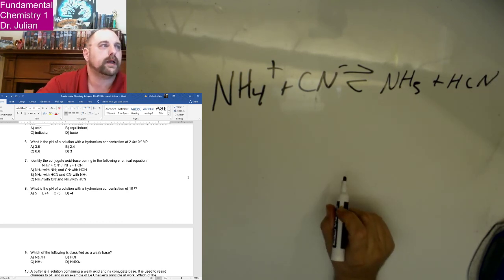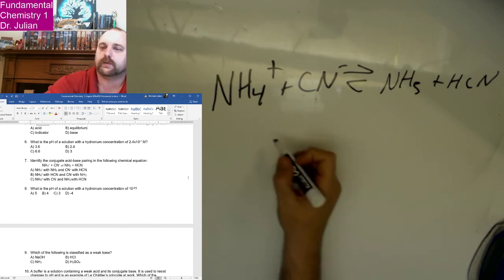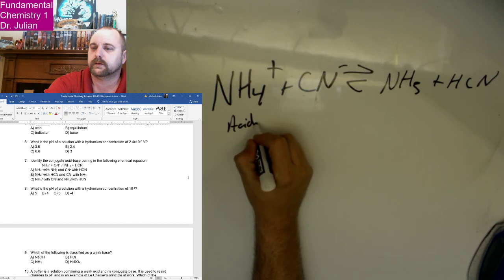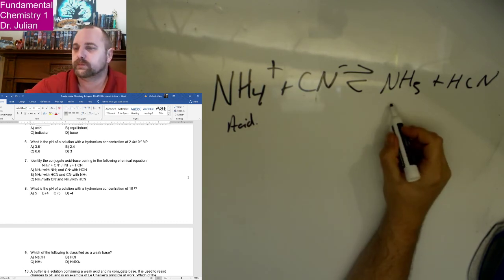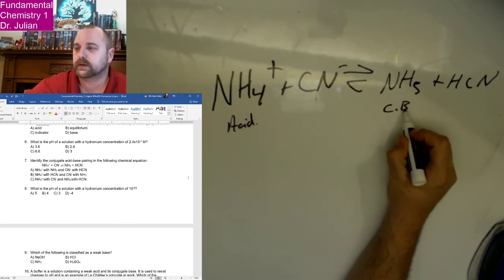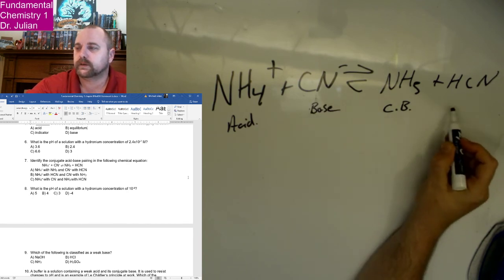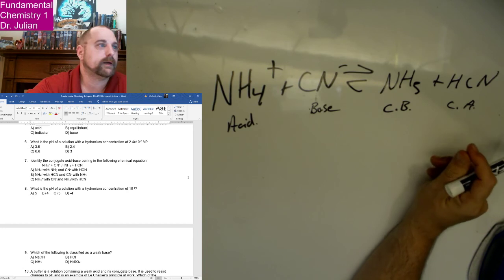Oh, the conjugate acid-base pairing. All right, so this is my acid. This would be the conjugate base. This is my base, and this is the conjugate acid of that base.